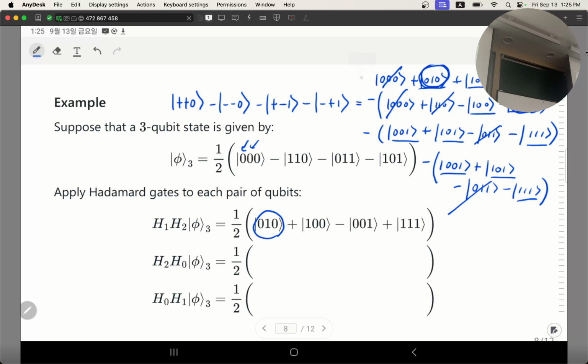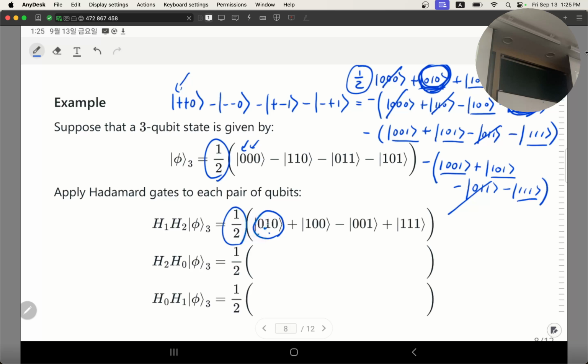So the coefficients are 1 over 2 in all the places, because each plus and minus has coefficient 1 over square root of 2. So there are 2 of those. So I have 1 over 2, and also I have 1 over 2 over here. So I have 1 over 4 as a coefficient for every state. But now I have 2 of these. So that makes my coefficient for 0, 1, 0 as 1 over 2 here.